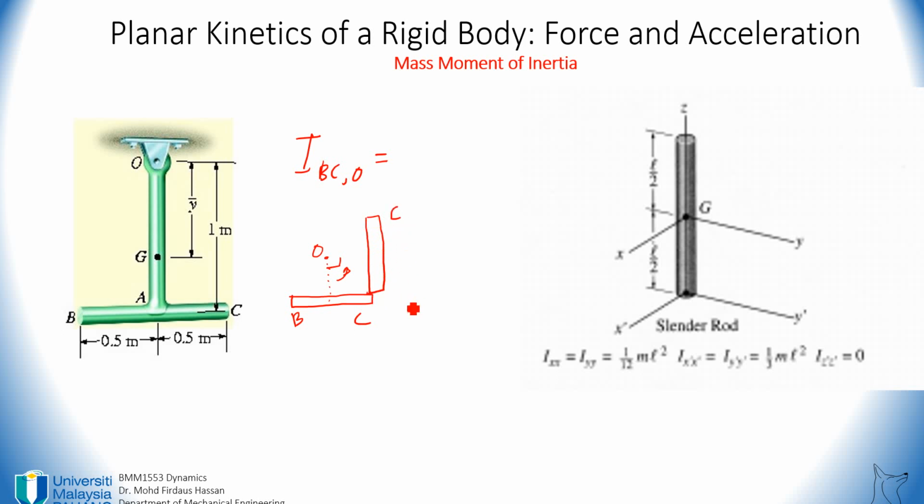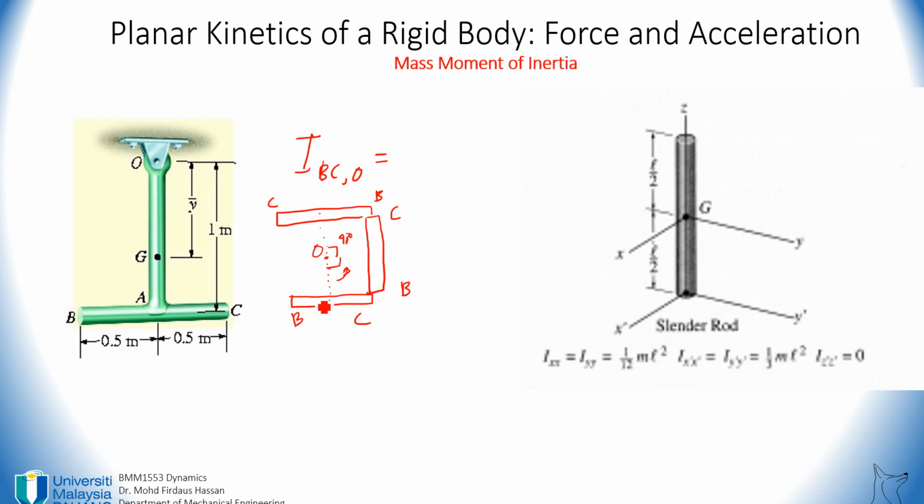This is my point C, this is my point B. Correct? So if it keeps rotating for another 90 degrees, it remains similar, whether you rotate another 90 degrees, another 270 degrees, or whatever.